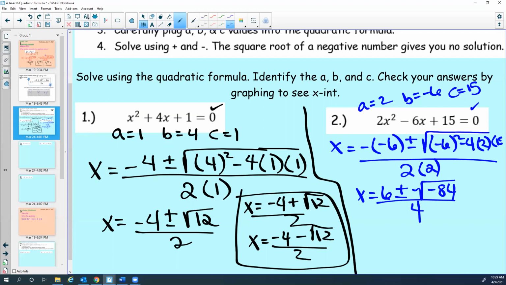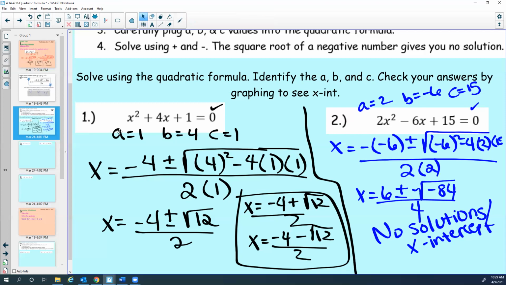As soon as I get that negative 84, guys, in the square root, that tells me we have no solutions/x-intercepts. I cannot have a negative number underneath the square root. So anytime you get a negative number underneath that square root, that's how you know no solution, no x-intercepts.